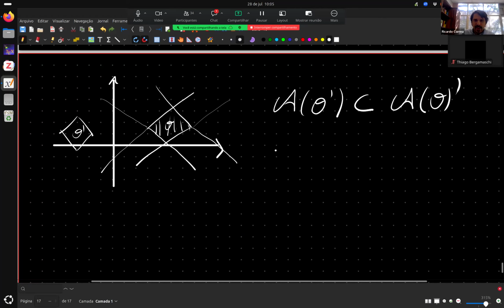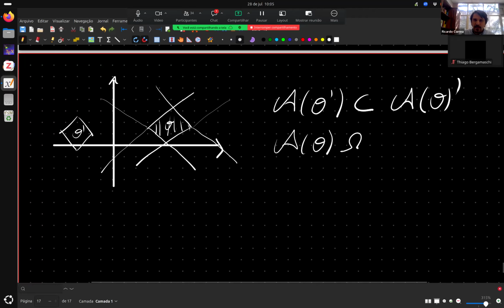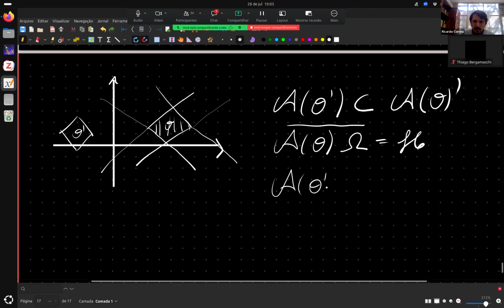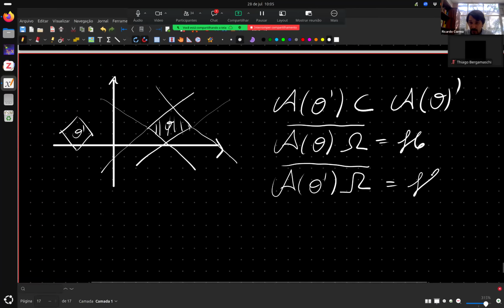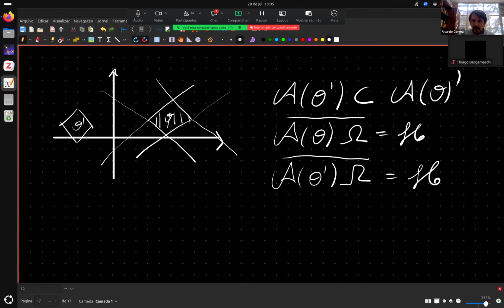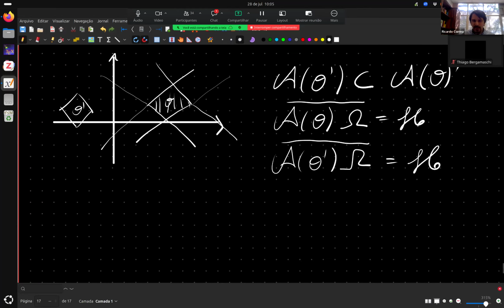By cyclic, I mean that if you take A acting on the vacuum and take the closure, it's the Hilbert space. But if you take the algebra of O prime acting on omega and take the closure, it's also the Hilbert space, because they are both open regions, allowing that to be true.